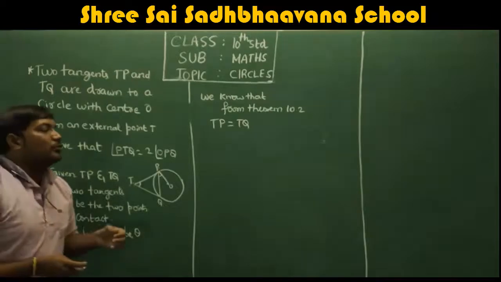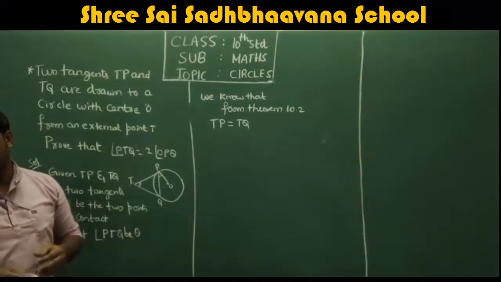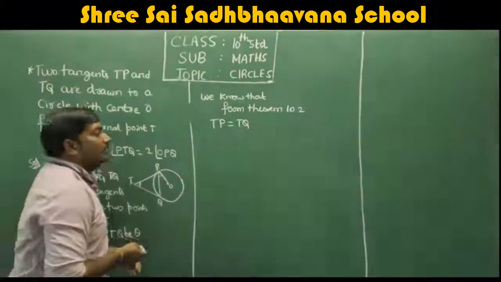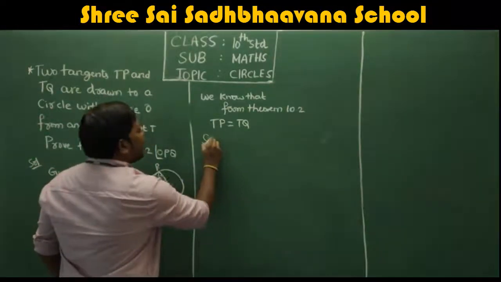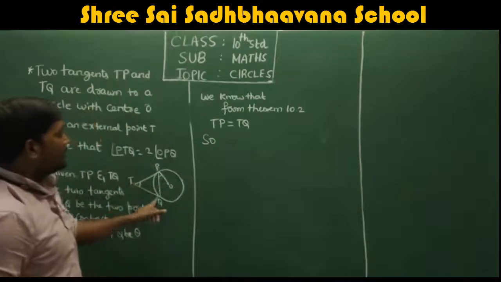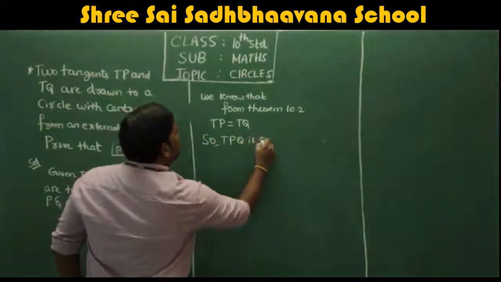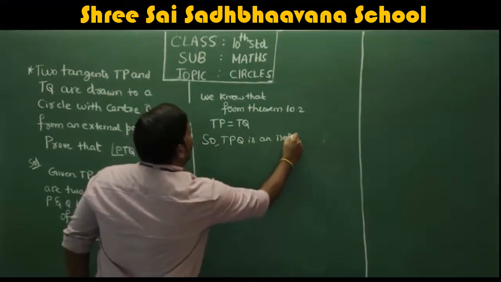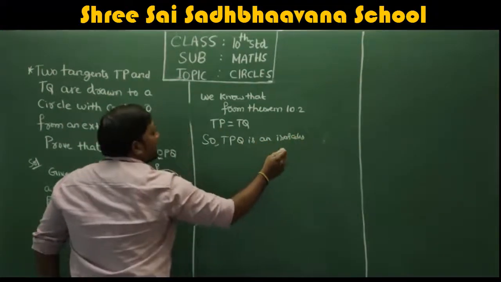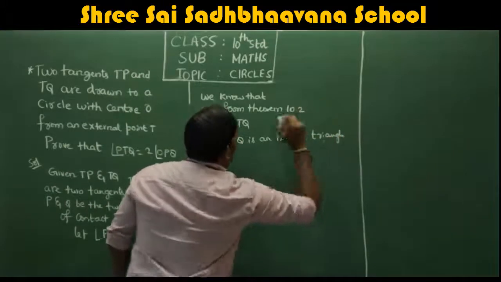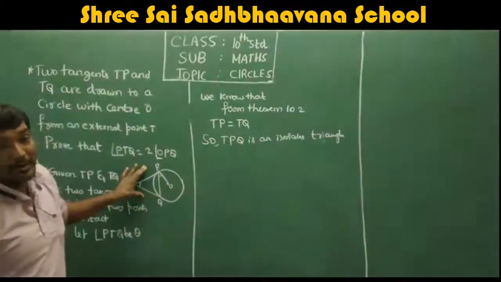We know that TP is equal to TQ. In any triangle, if two sides are equal, then can we say that triangle is an isosceles triangle? So TPQ is an isosceles triangle, because two sides of this triangle are equal.